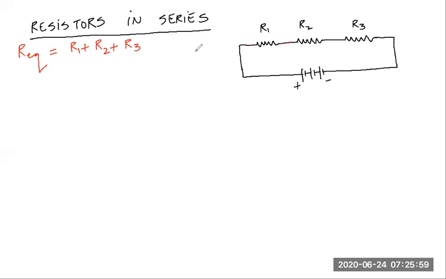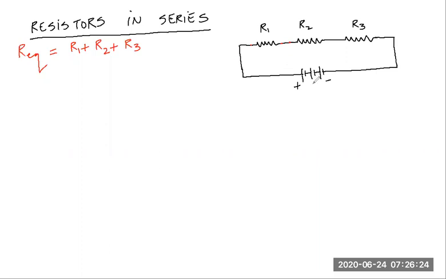Very simple. Now, if you want to find out the current flowing and if you want to find out the voltage across every resistance, let's see how we do that.